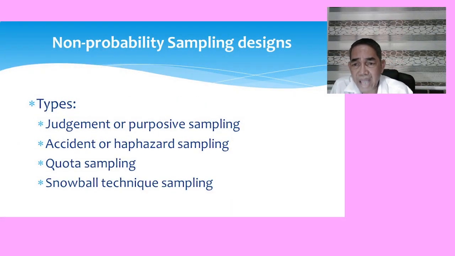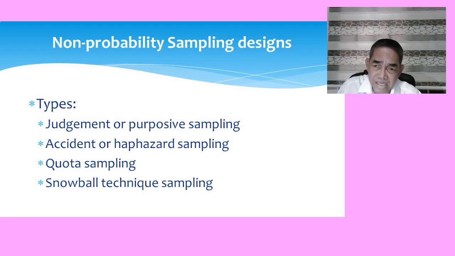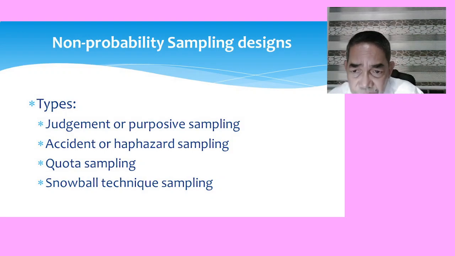So these are the different types of non-probability sampling design: the judgment or the purposive sampling. In judgment or purposive sampling, we have a criterion or a set of criteria to get the sample. Suppose, for example, I want to look into the factors affecting control of DM.